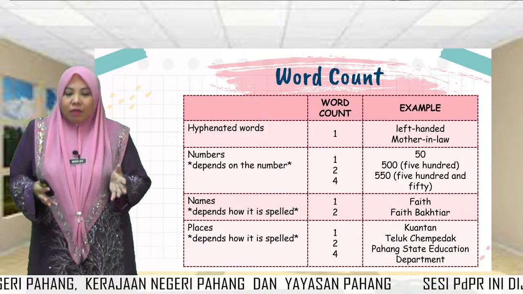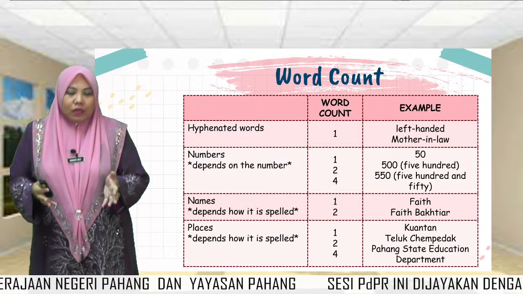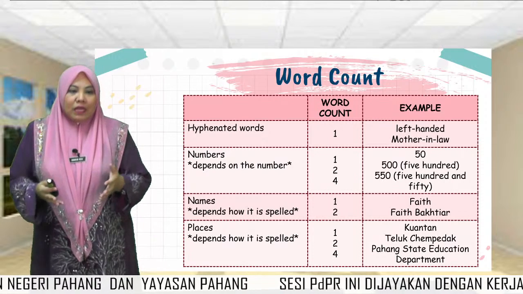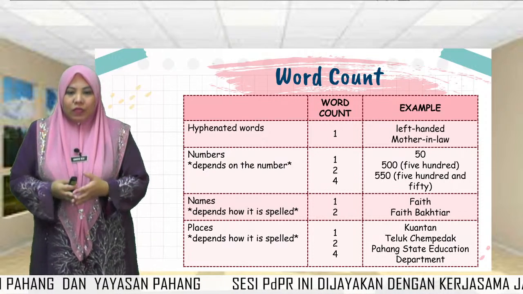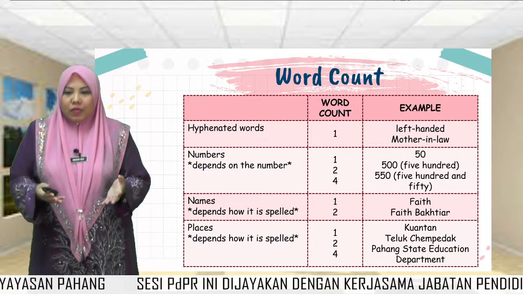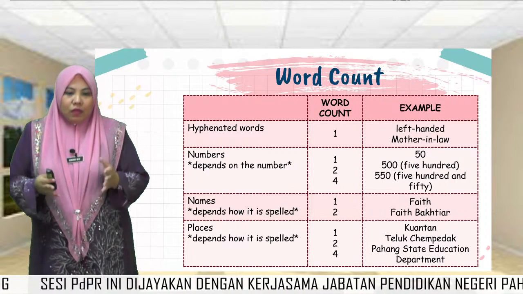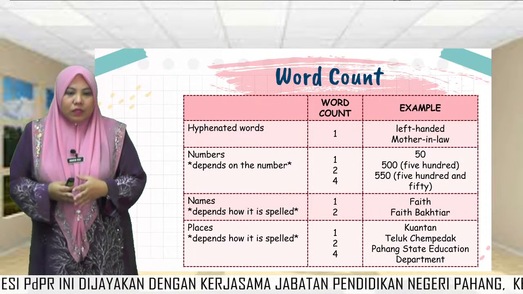Once hyphens are missing, words will be counted as individual words. For example, when you write left-handed without the hyphen, it will become 2 words. Same goes to mother-in-law. So when you have mother in law without hyphens, you have 3 individual words.